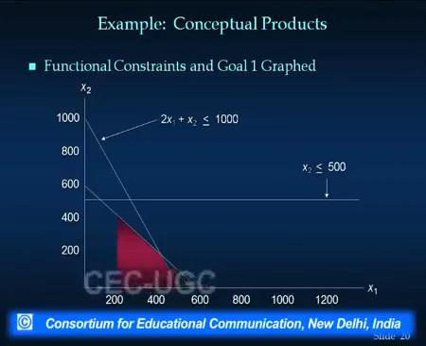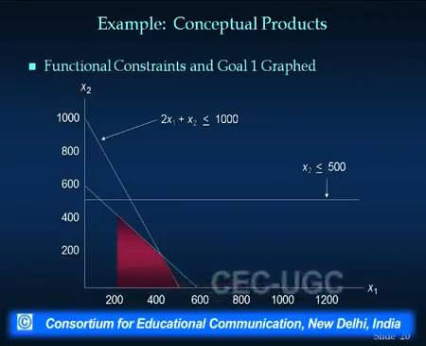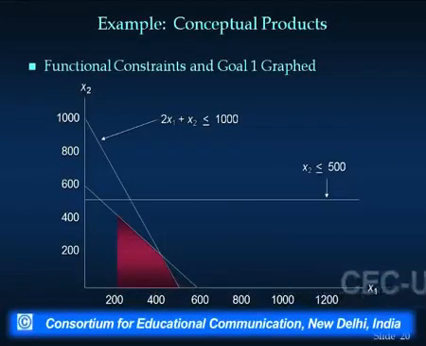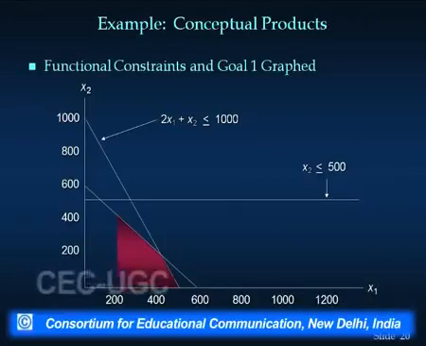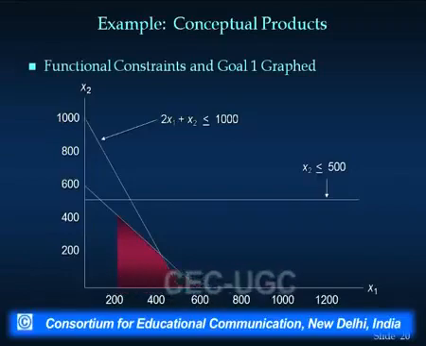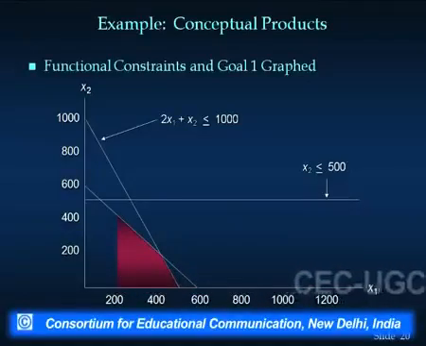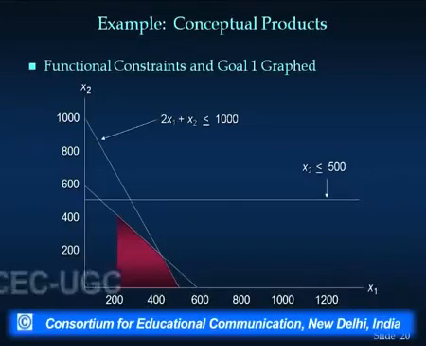And now look at the lower envelope, which is the feasible solution, and part of it is marked red also. And this feasible region is where our solution lies.